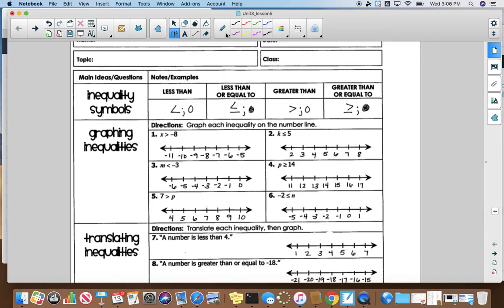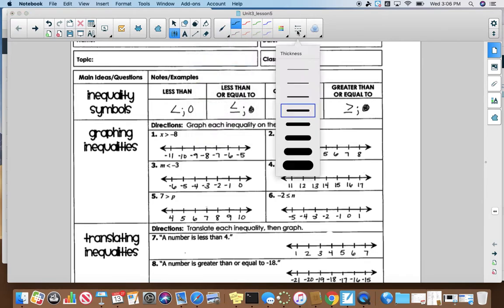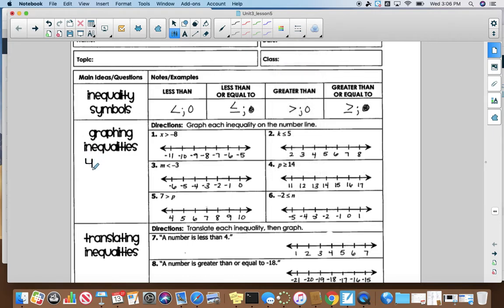Let's say it is 4 is greater than x. I am going to flip the entire thing. So I'm going to have x first, and then I'm going to flip this sign, because you notice the smaller area is pointing towards the x, so I want to leave it that way. So I flip it and then put the 4 on the right-hand side. So x is less than 4. That's just easier when you do your number line.